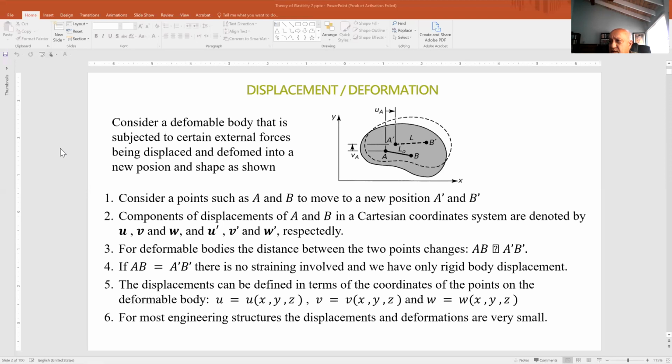Now, as a result of loads being applied, these points will be displaced to point A prime and B prime.